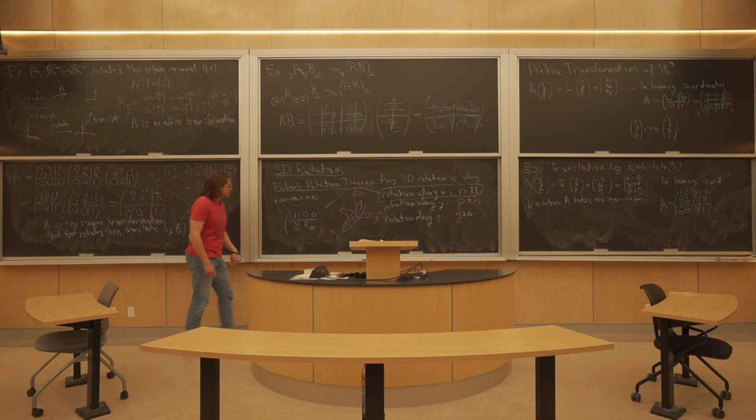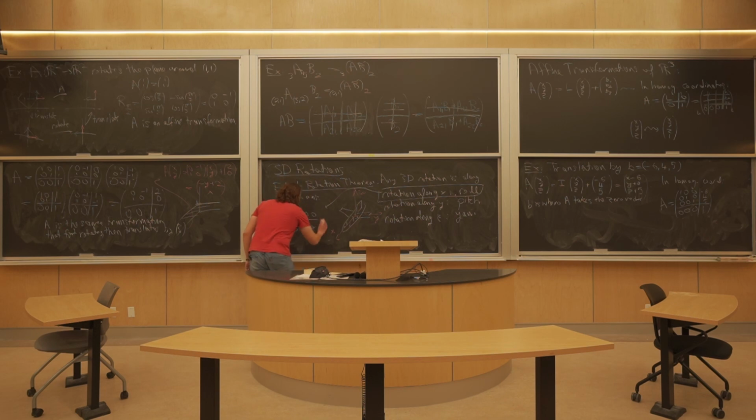This is linear, okay? And if you wanted to think of this as an affine transformation, you would turn it into this. Okay?